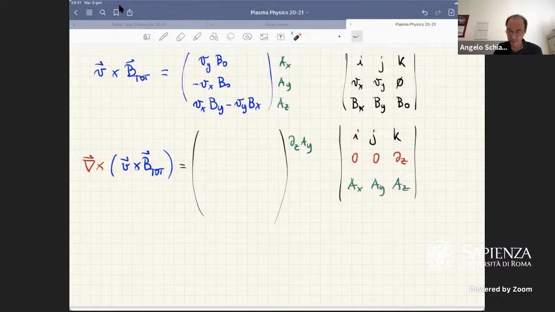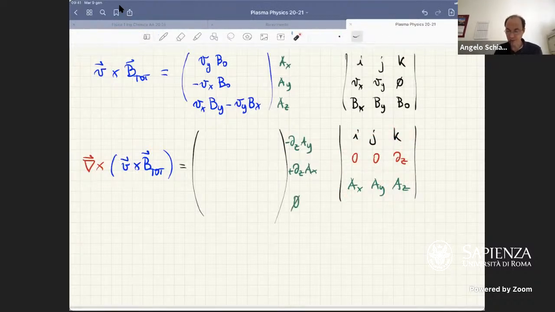Yes, it is minus dz ay. The second term, the y component, is 0 minus dz ax, but I have to change the sign, so plus dz ax. And the last one, no, sorry, it's this one here. We have two 0s here, so the z component is easy, and it's just 0.